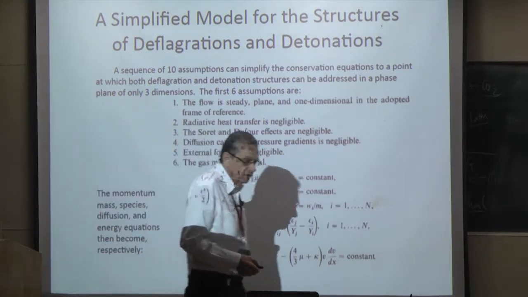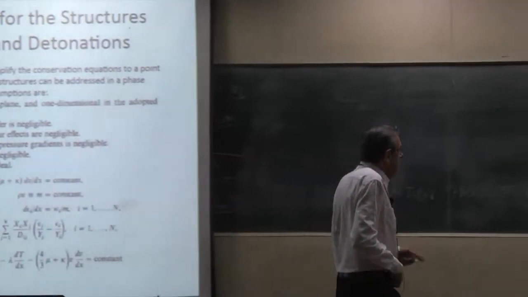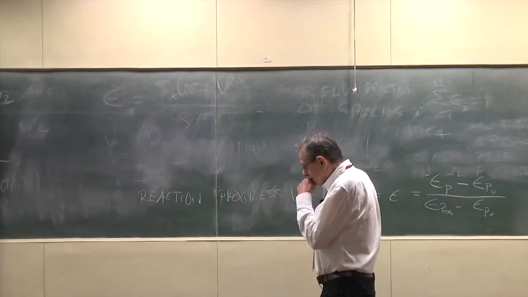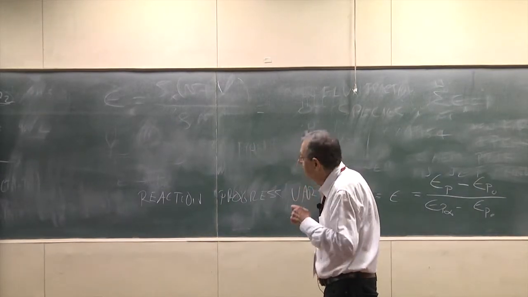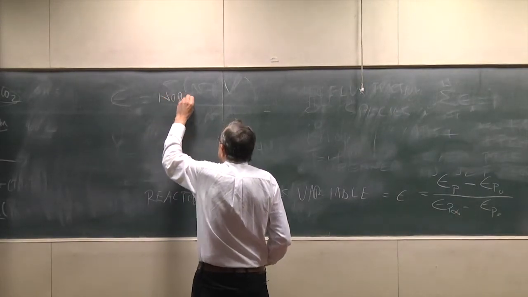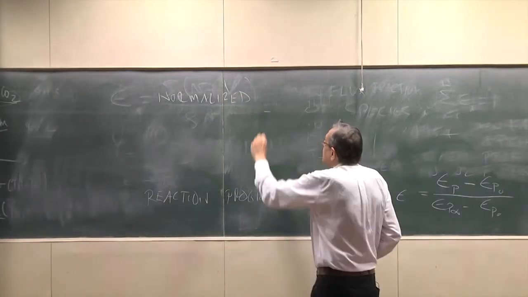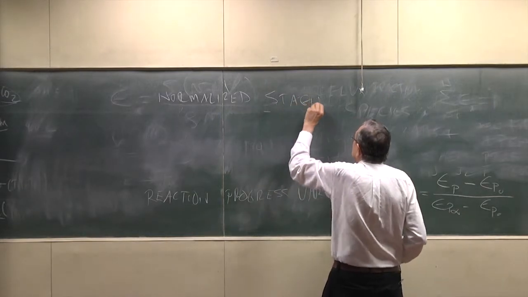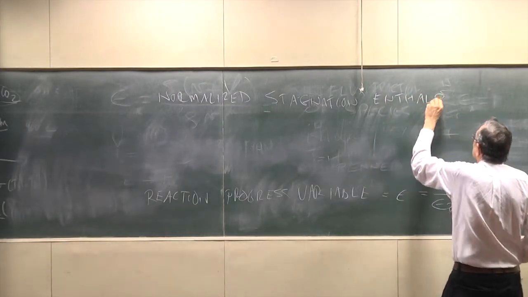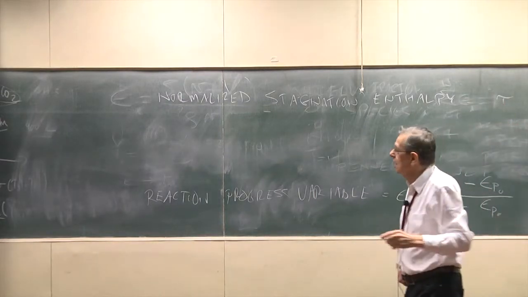And so another normalized variable besides this reaction progress variable epsilon that's useful is the non-dimensional or normalized stagnation enthalpy variable, and I denote that by tau.